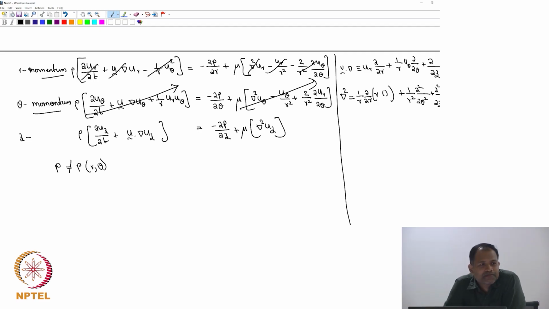What is left in the z momentum equation? Let's start one by one. How about ∂uz/∂t? It is 0.